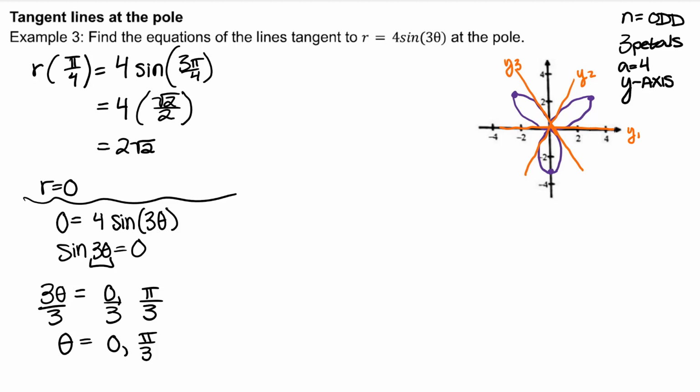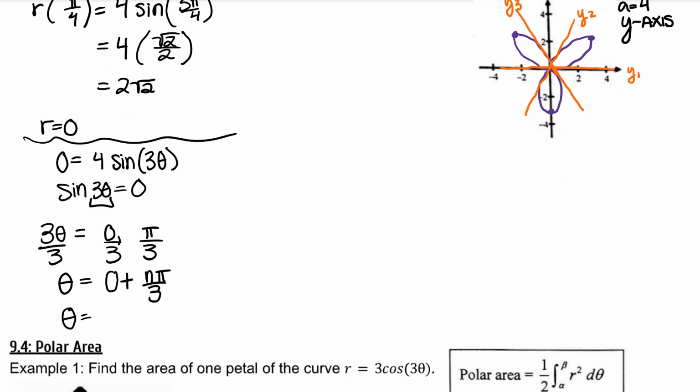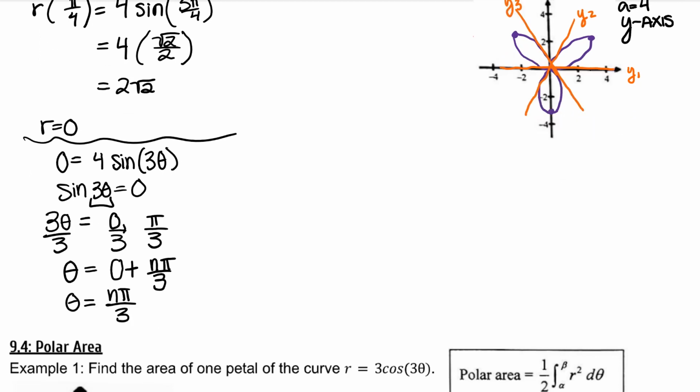In fact, I could rewrite 0 and pi thirds as an expression that covers all pi thirds angles that are relevant to this problem. That would be 0 plus any amount of pi thirds. So n pi thirds is how we write that in general form. Therefore, theta is equal to n pi thirds. So theta can be a multiple of pi thirds.